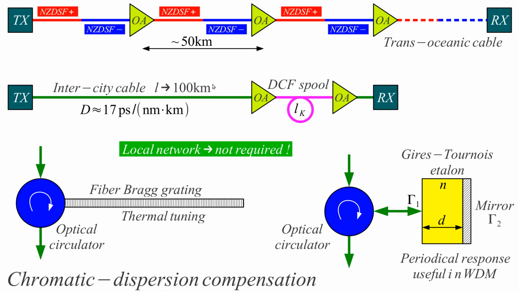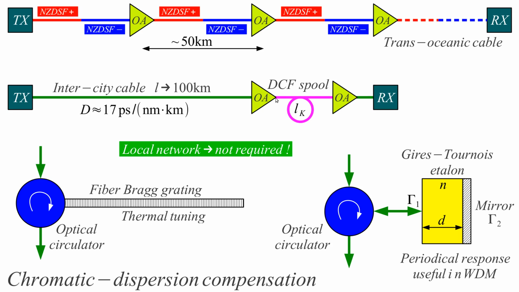On shorter ranges, like an intercity cable of 100 kilometers length, we may have just already laid down the standard G652 fiber, and we add new equipment in the receiving cabinet in the communication center, that has first one optical amplifier to recover the signal level.